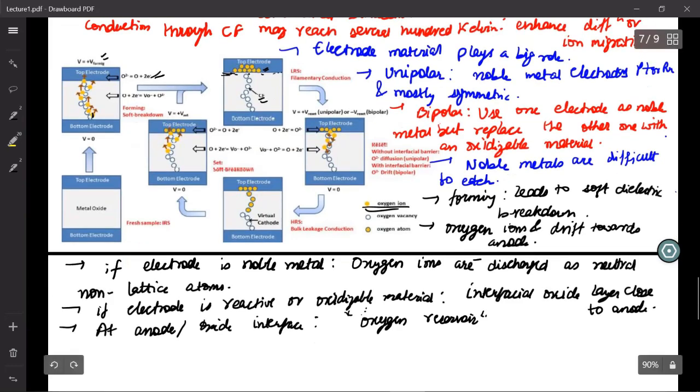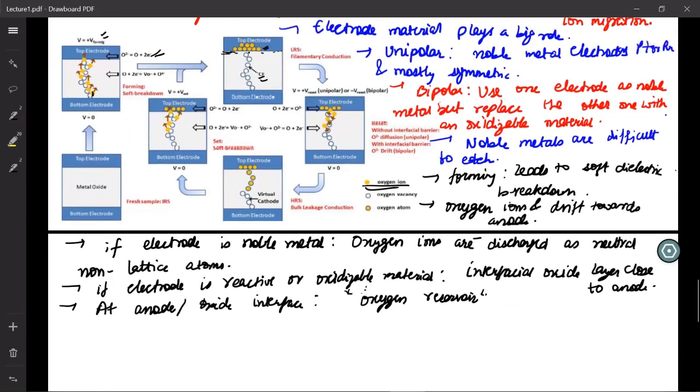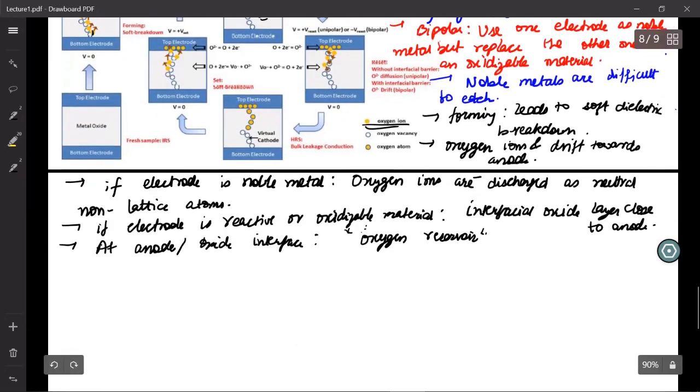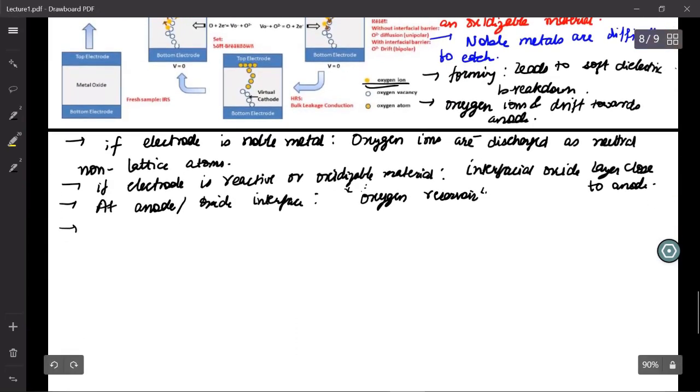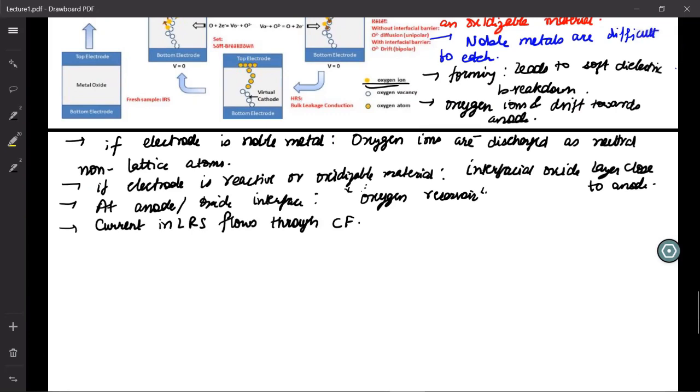Now, once you have this conduction filament formed, if you apply a voltage, current will flow. The current in this low resistance state, LRS, flows through your conduction filament. So the current in LRS after forming will flow through your conduction filament, and that CF is located in the bulk of the oxide.